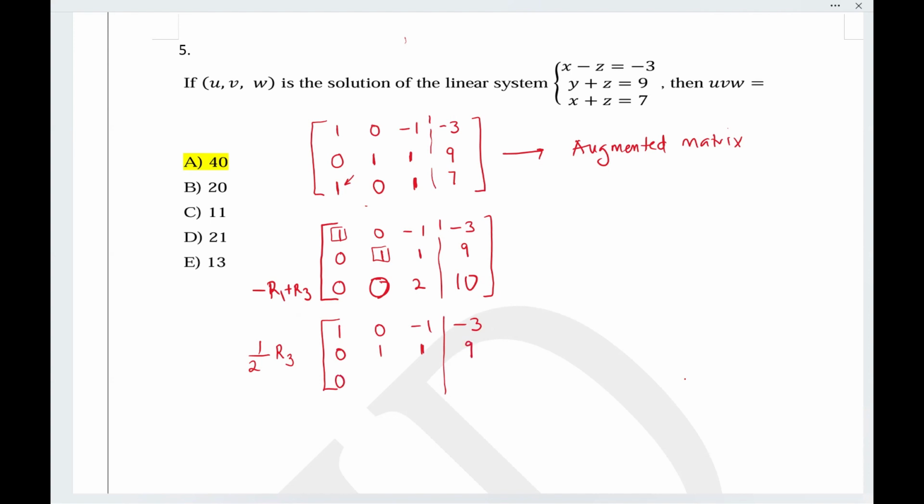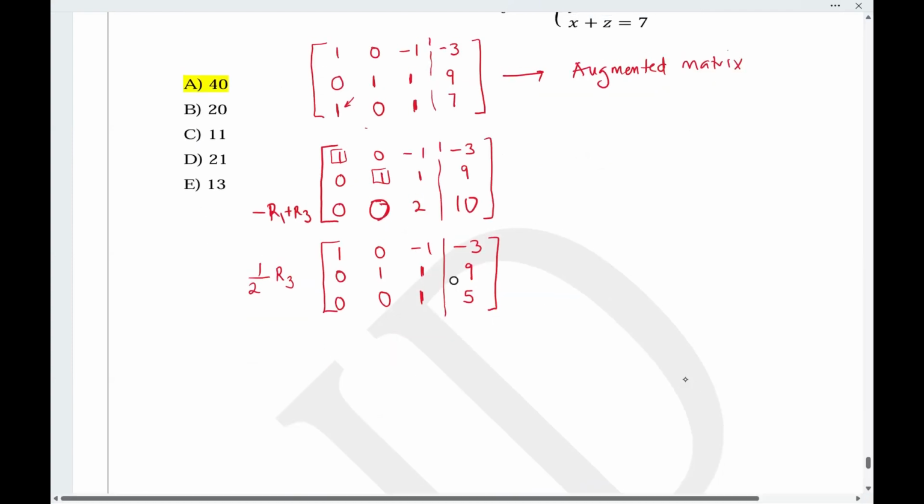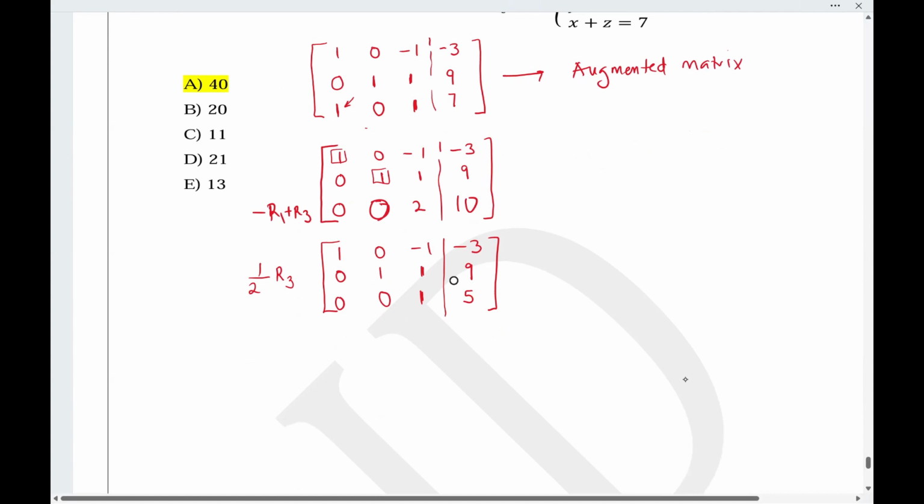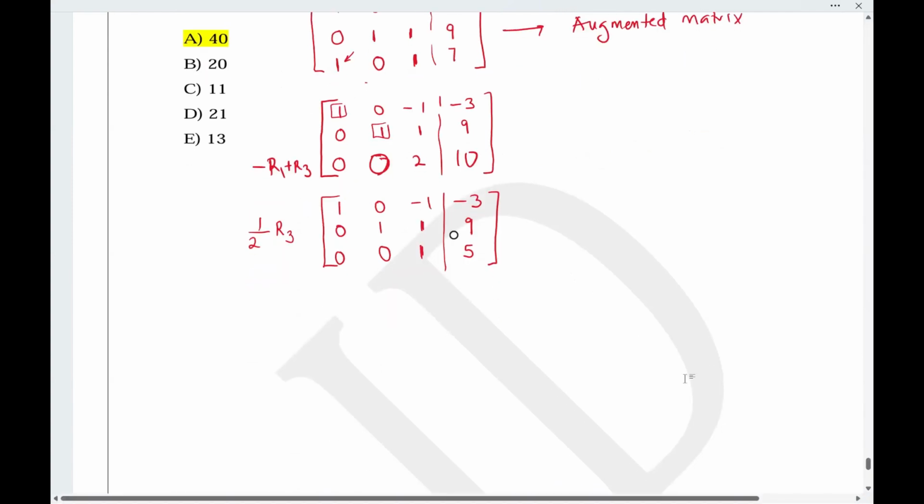And this is 0, 0, 1, and 5. So you can see now this is already in row echelon form. If we want to use Gaussian elimination, we can stop here and just take Z to be equal to 1. But now let's proceed.